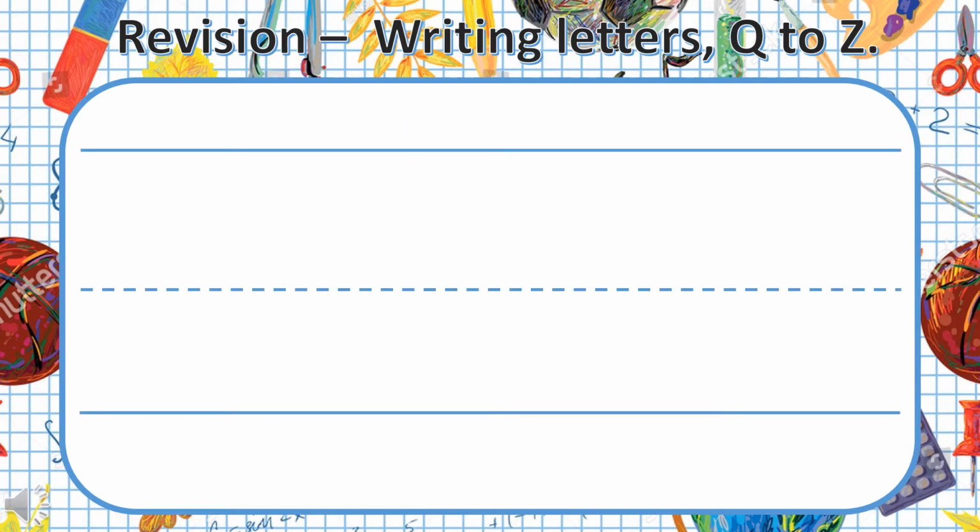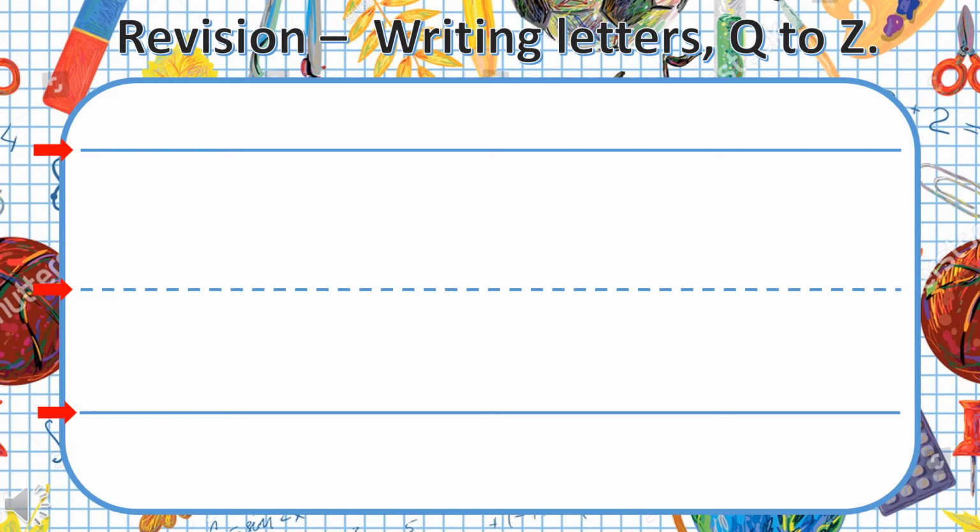Before we start with the letters, remember the magic lines. We have the top line, the middle line, and the bottom line. And you must also remember that each letter has an uppercase and a lowercase.